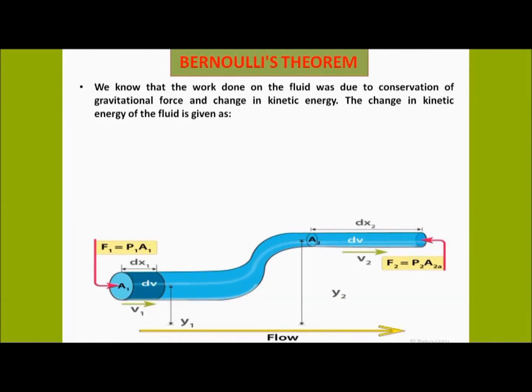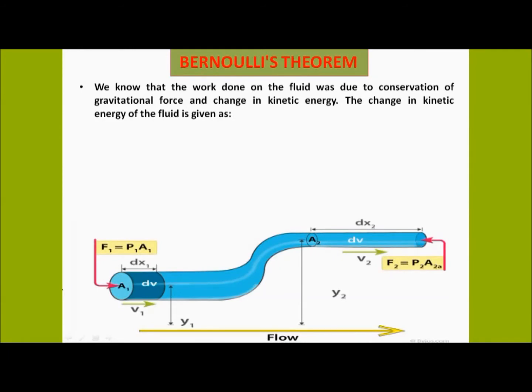Gravitational force will act by virtue of potential energy, because this fluid is at some height. Generally F is equal to m into a, where a is the acceleration due to gravity, so you can replace a with small g.